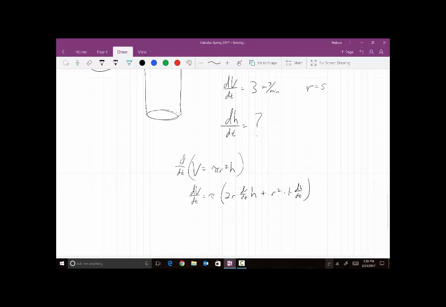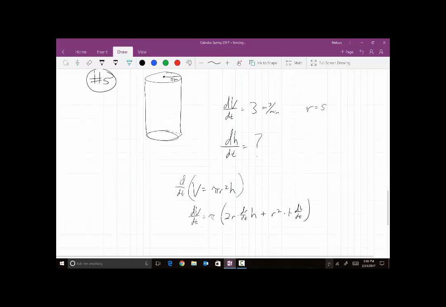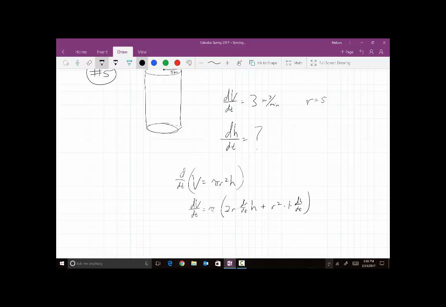Okay, and when you clean this up, this term is going to have to be 0, because dr/dt is going to have to be 0 since the radius is not changing.